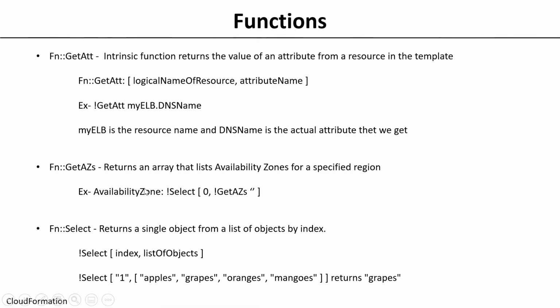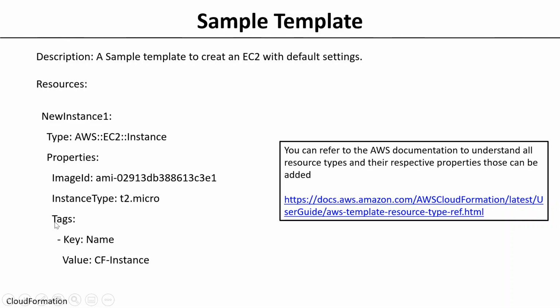The same way, if you want to fetch all the availability zones in that particular region, say you want to work in the Mumbai region, and you want to fetch all the availability zones, 1A, 1B, and 1C. Okay, it gives an output of an array that you can assign to the EC2 creation. For example, you are creating this EC2 in the Mumbai region, and in one of the properties I can specify AvailabilityZone, Properties, AvailabilityZone, GetAZs.